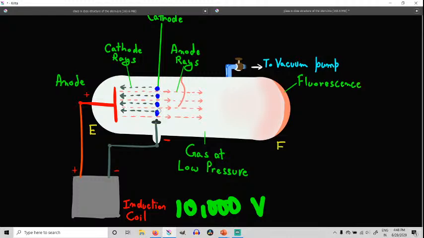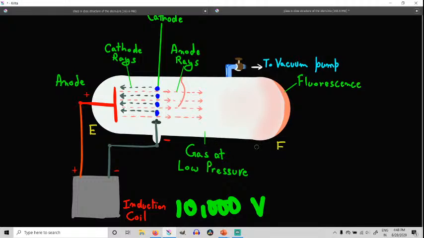During the discovery of anode rays, we should always remember that if you need to draw a diagram, we have to make a perforated cathode, not a simple cathode, right? And what was the source of the battery? 10,000 volt. And why is this vacuum pump there? In order to adjust the pressure inside the discharge tube, right?